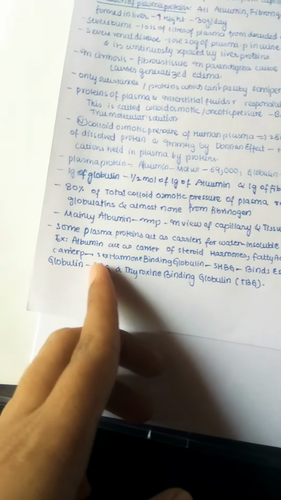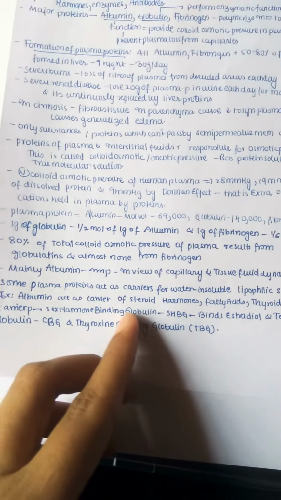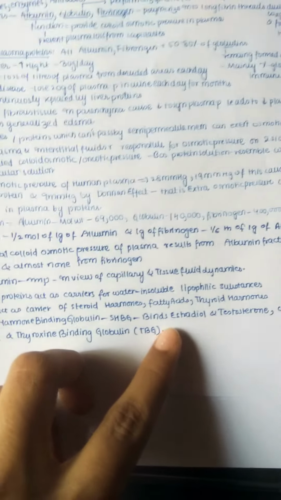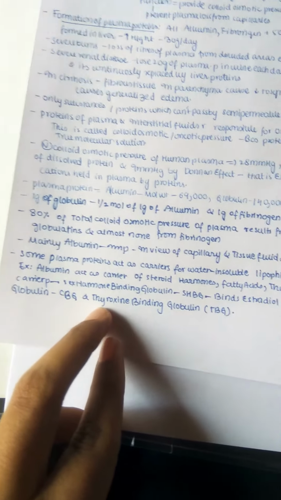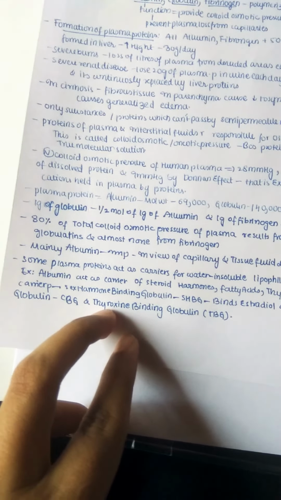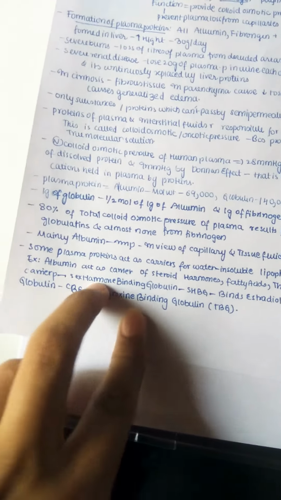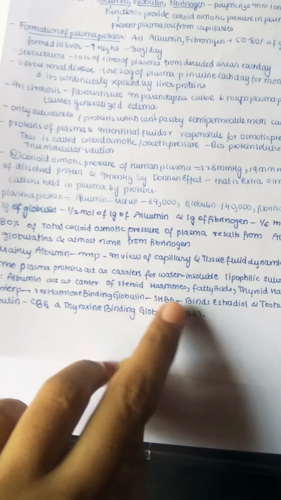Other carrier proteins are mainly sex hormone binding globulin, SHBG, which binds estradiol and testosterone, and also corticosteroid binding globulin, CBG, and thyroxine binding globulin. So remember that plasma proteins act as carriers for steroid hormones, fatty acids, thyroid hormones. Very important point.